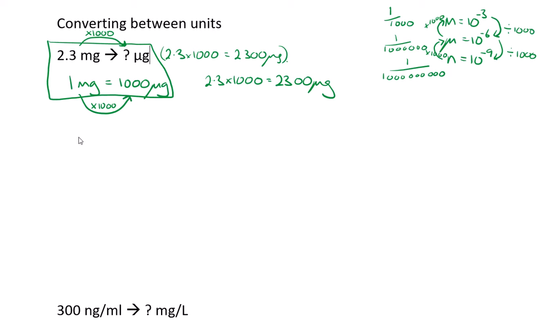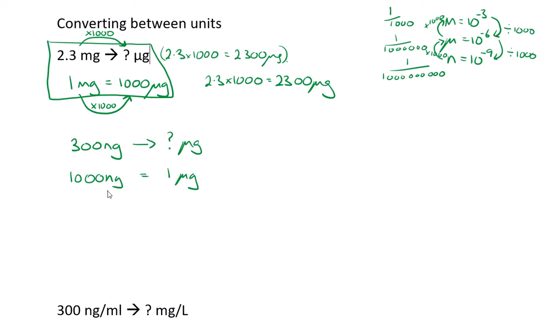Another way, if we say we've got 300 nanograms and we want to find out how many micrograms that is, then we can write down what we know. So we know 1,000 nanograms is 1 microgram. So you've got 1,000 nanograms in 1 microgram.